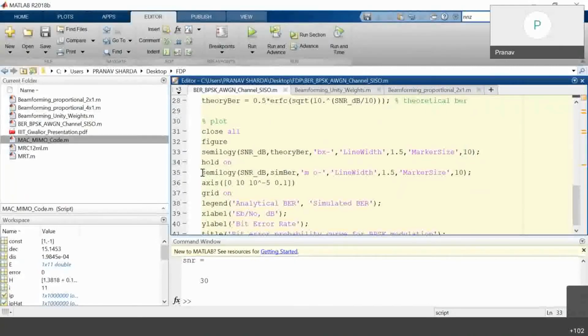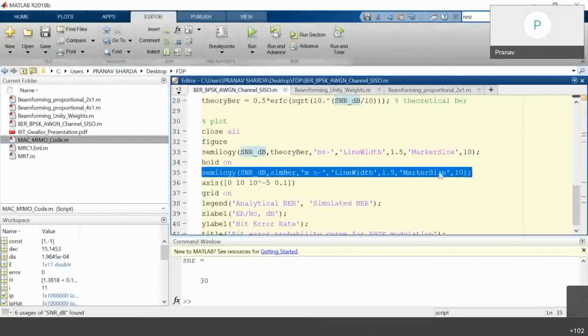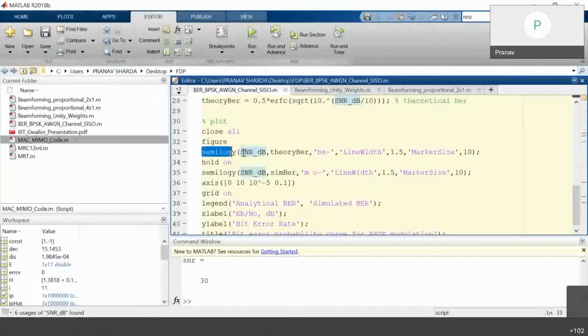And similarly, we plot the simulated BER also, just like we used a command for plotting the analytical derived BER. We use another line, number 35, to plot the simulated BER. And the axis we have defined is the range, 0 to 10, x min to x max.